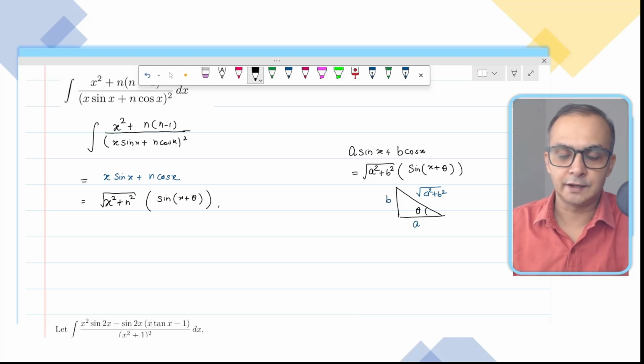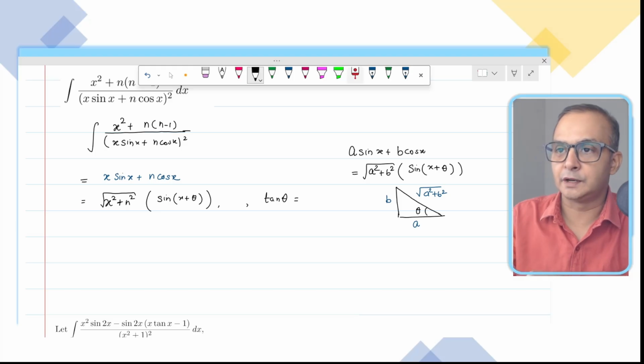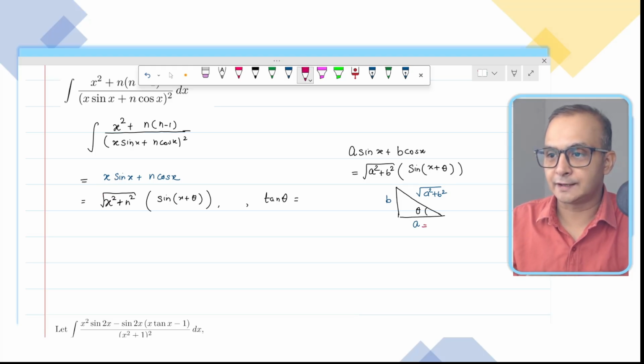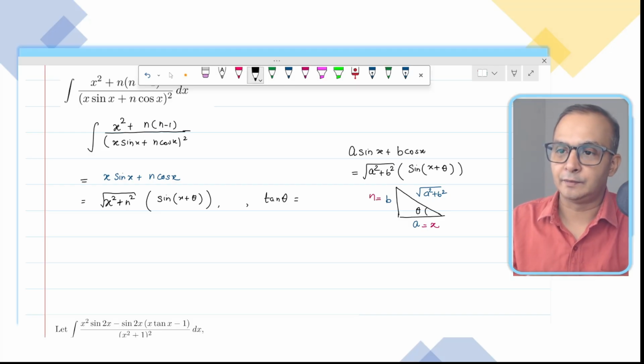So I have to be very careful. I will just write a side note here. We are taking tan theta, because I'm taking x in the denominator, so that we get x by square root of x squared plus n squared as cos theta. Therefore tan theta is nothing but n by x, because this time a is x and b is n. So this we have to keep in mind.